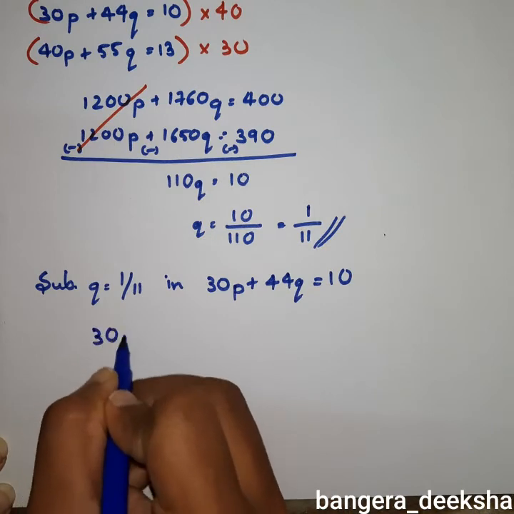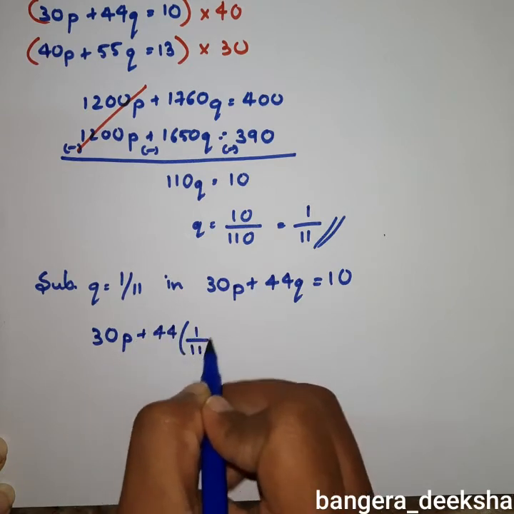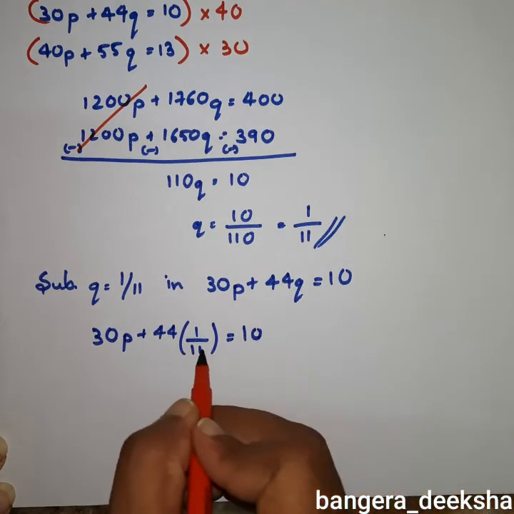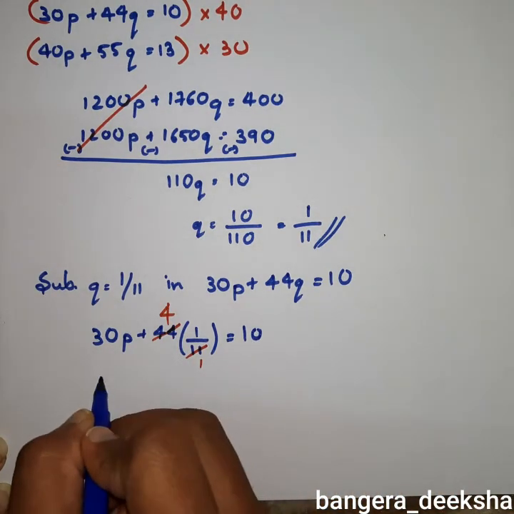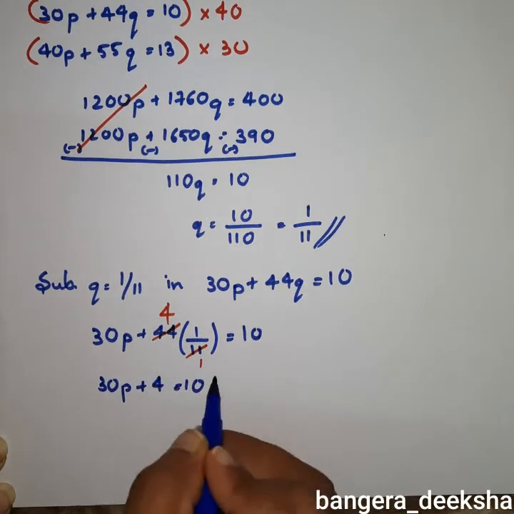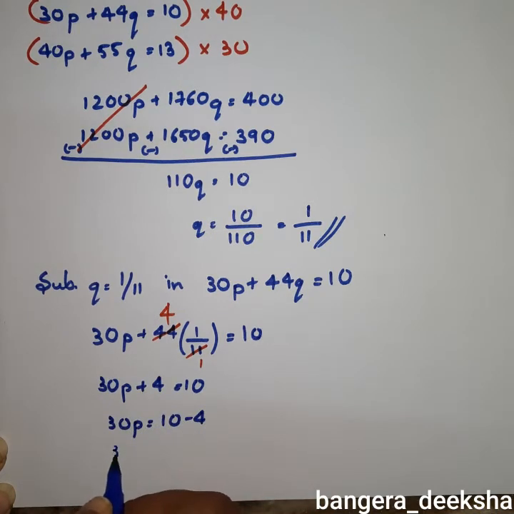So I have 30P plus 44 into 1 divided by 11 is equal to 10. 11 ones are 11, 11 fours are 44, so I'll take 30P plus 4 is equal to 10. 4 will go to the other side: 30P is equal to 10 minus 4, which is 6. P is equal to 6 divided by 30, that is nothing but 1 divided by 5.